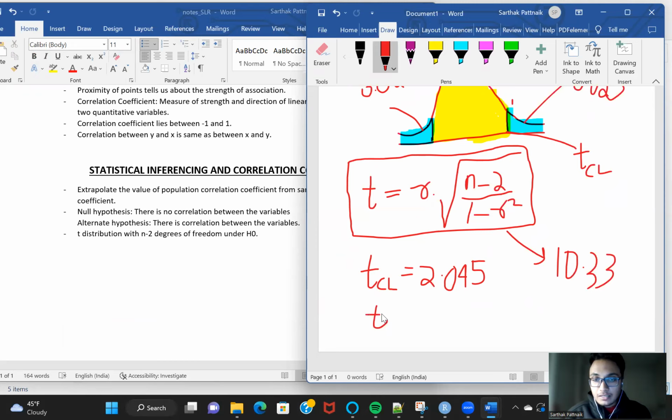So my t is greater than my t critical. Therefore, because my t is greater than my t critical, I can reject the null hypothesis. And I have sufficient evidence that my rho is not equal to 0.